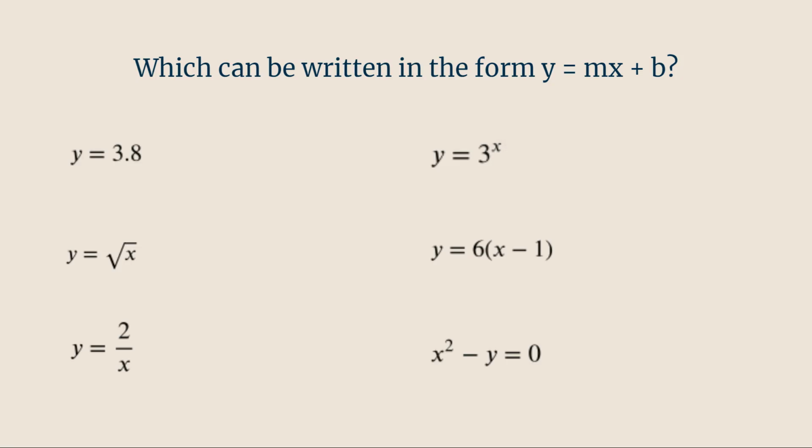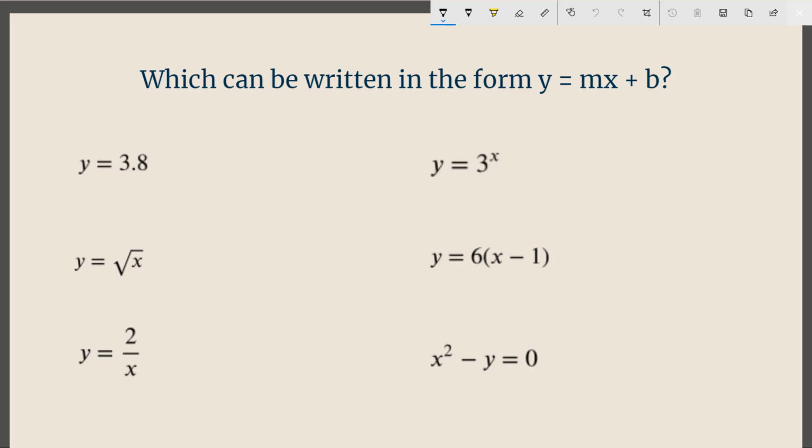All right, which can be written in the form of y equals mx plus b. All linear functions can be written in an equation of two variables, y and x. And if you can write it in this form, y equals mx plus b, this is called slope-intercept form. It's possible to write all linear functions in slope-intercept form.